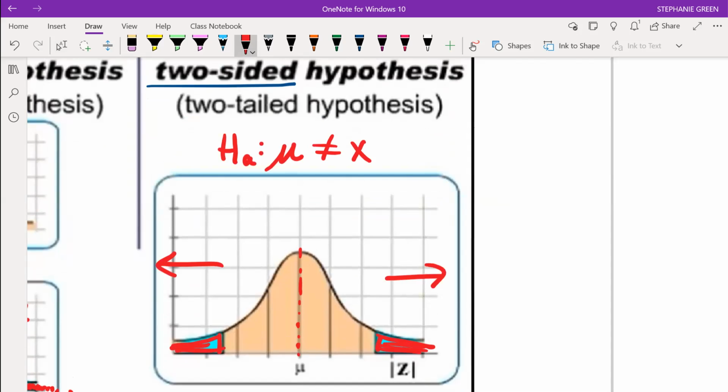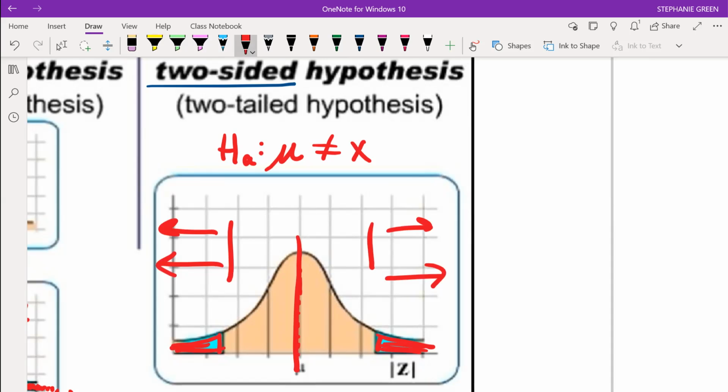We're only saying that it's simply not anywhere close to the actual mean itself. It's really far from the mean in either direction. In these two-sided hypotheses, the direction isn't really significant, so it can work either way.